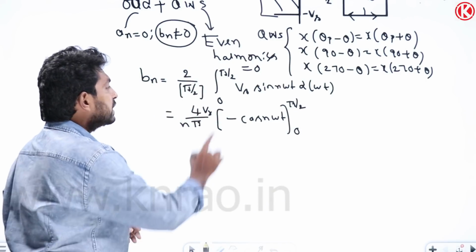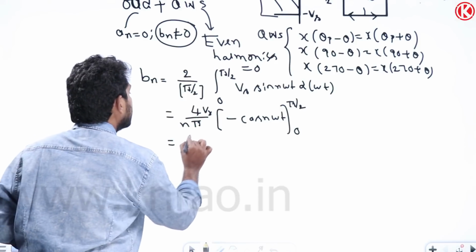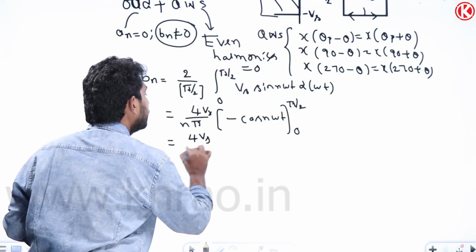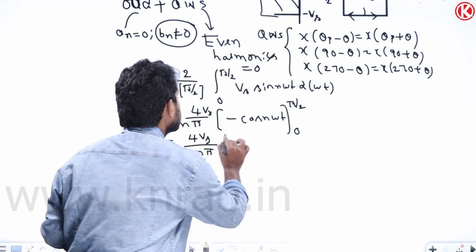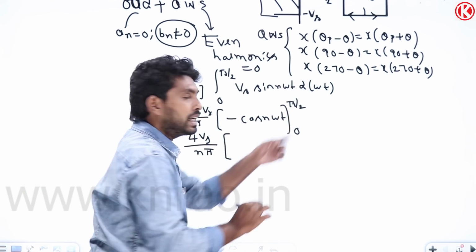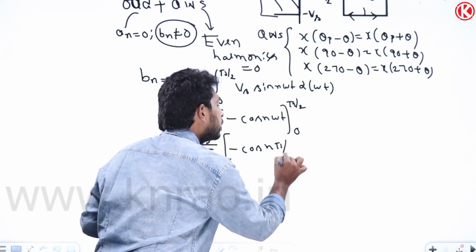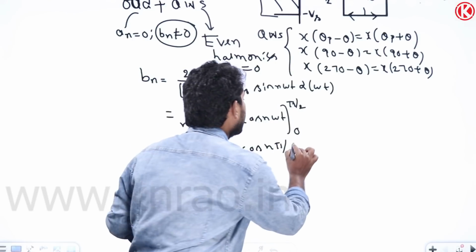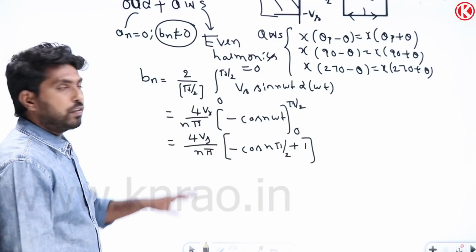If I substitute the lower limit and upper limit, how will I get it? It will be 4 Vs by n pi, times minus cos n pi by 2, minus of minus cos 0, which is 1. Let me simplify further.